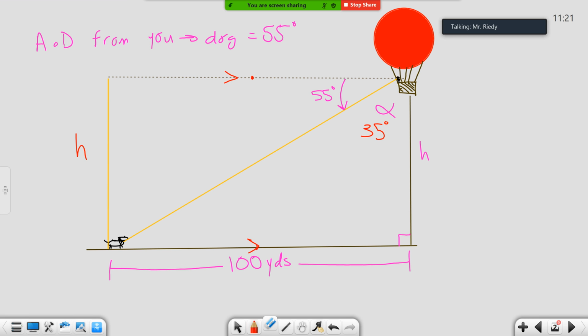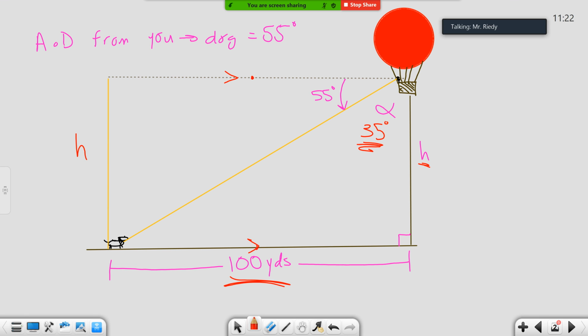Let's see. Aiden, what trig function am I going to use if we use the 35-degree angle, h, and 100 yards? Sine, cosine, or tangent? Sine. Strike one.